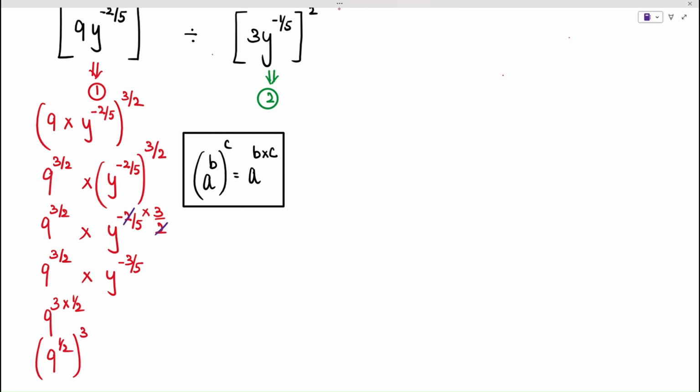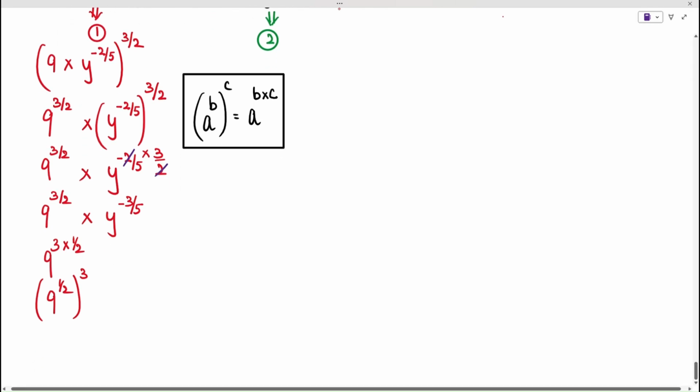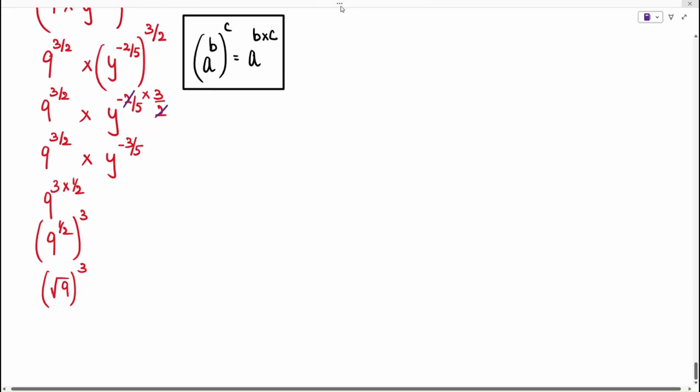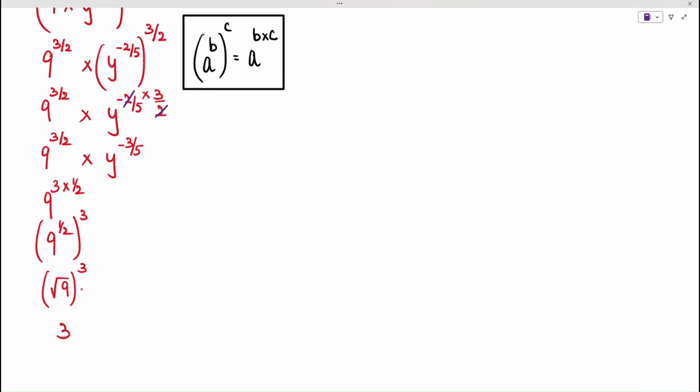And any number raised to the power of a half means you square root that number. So we can have the square root of 9, to the power of 3, and this is equal to 3 to the power of 3. And now we can just bring our value for y and add it to the end. So we get 3 to the power of 3 multiplied by y to the power of minus 3 over 5.